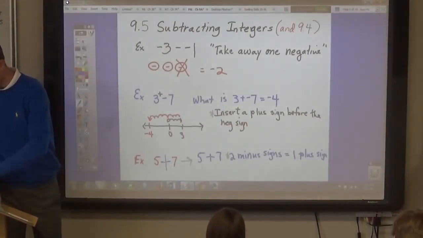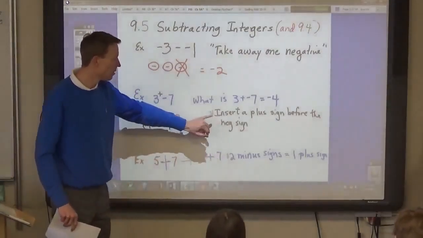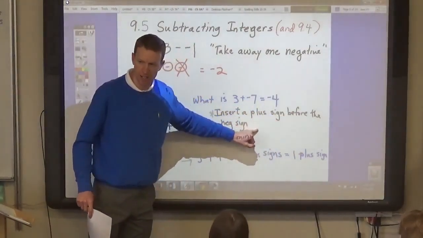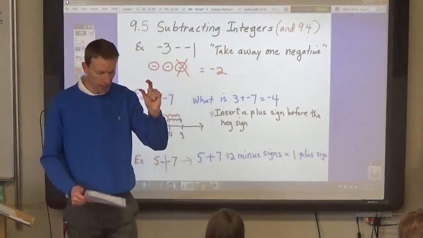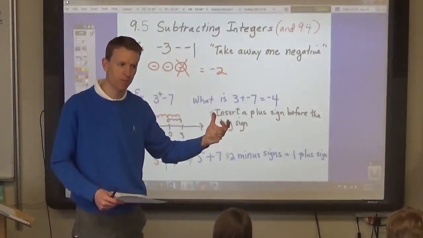And that's why it works best to remember to insert a plus sign before a minus sign. What we're actually going to be doing is changing a subtraction problem to an addition problem.